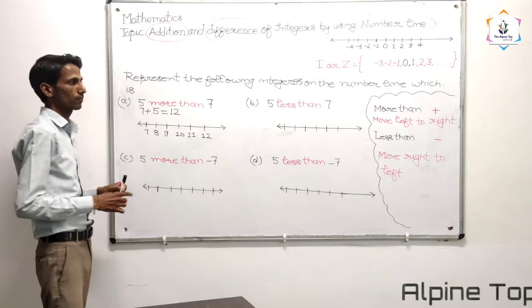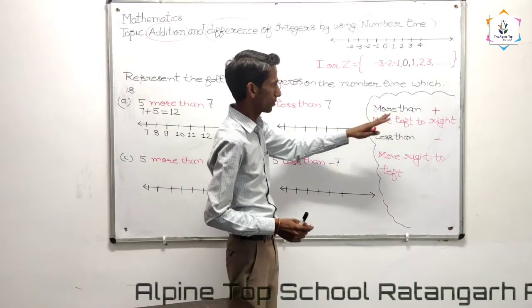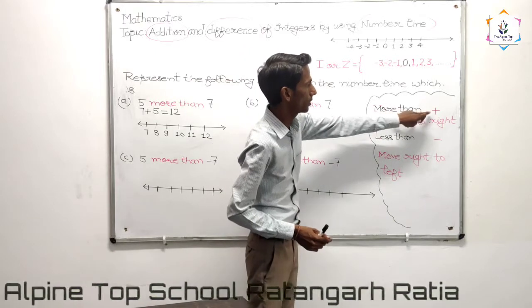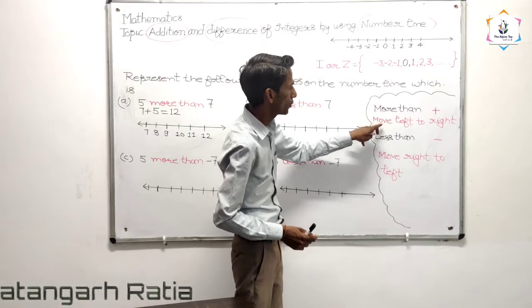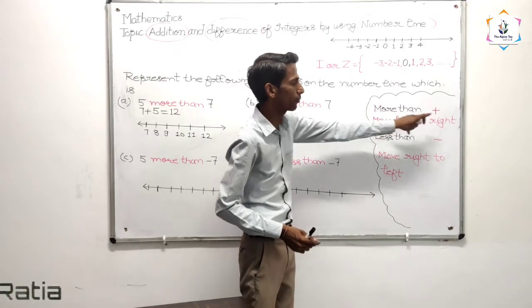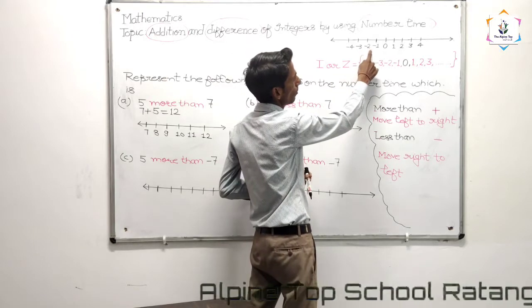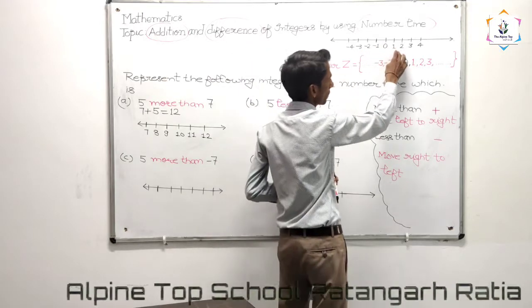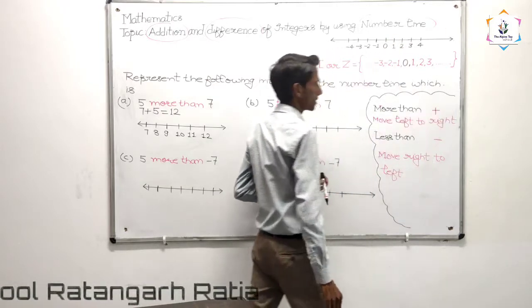Now students, just come on the rough work. Here I have noted two words. For more than, use the plus symbol, and whenever there is a more than word, you have to move from left to right side, because on the number line all the positive integers lie on the right hand side of 0.